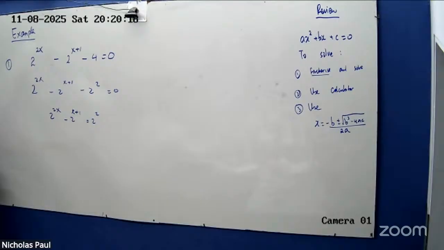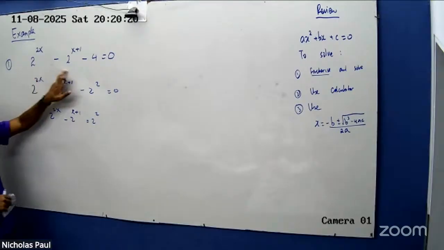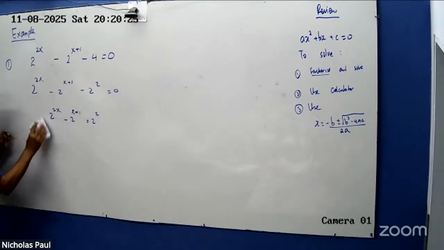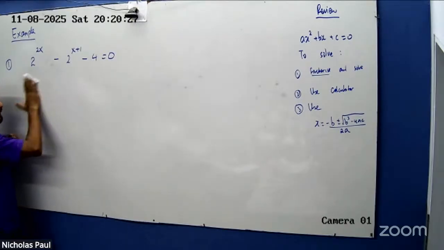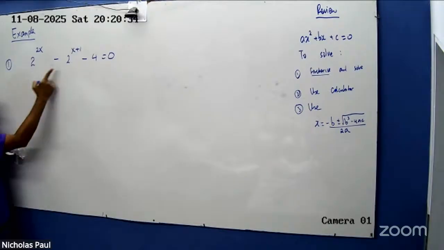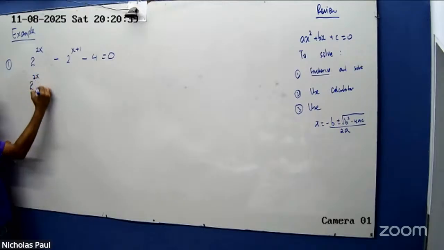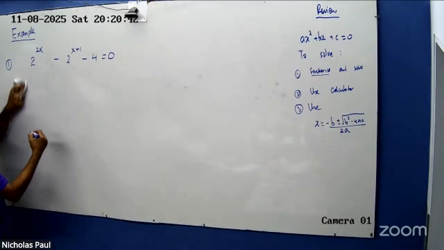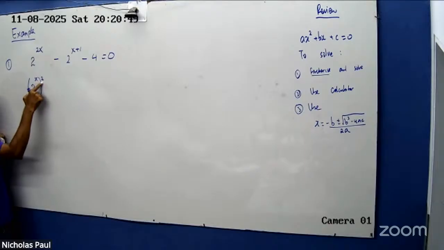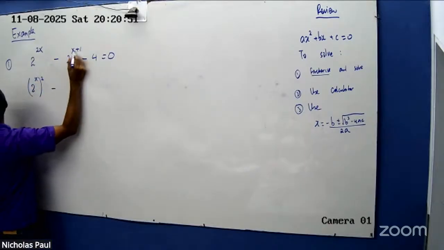Whenever you have questions like this, generally with 2, 3 terms, and you can't equate powers, then the old technique doesn't work. What we're going to have to do here is find a way to turn this into a quadratic. So I'm just going to do one step before I turn it into a quadratic. This is 2 to the x squared. Are you okay with that? What does 2 to the x plus 1 mean?